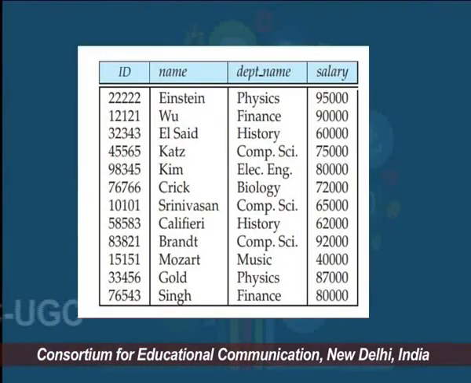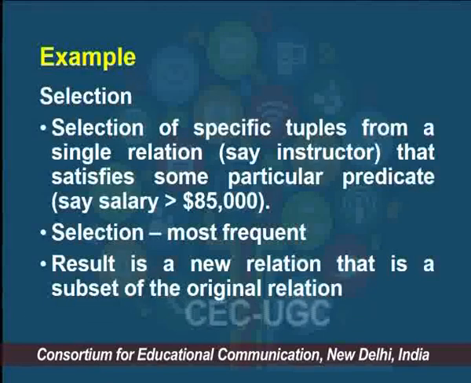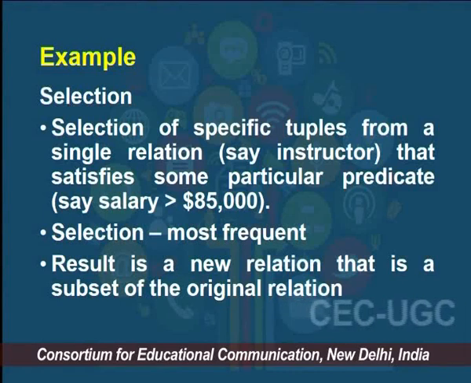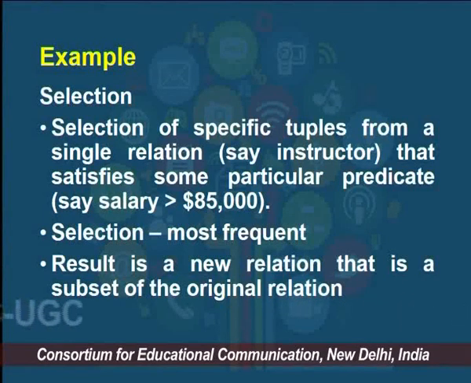That instructor relation has ID, name, department name and salary as its features, and within the instructor relation we want to select only those rows which satisfy the predicate of salary greater than 85,000.